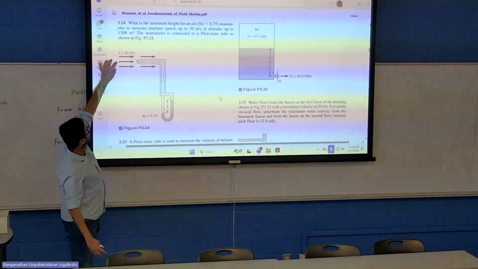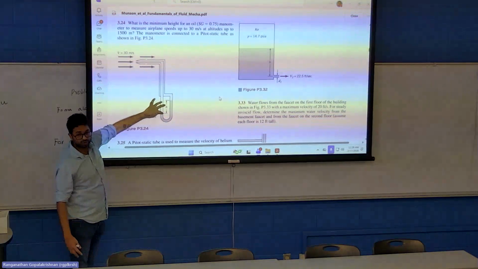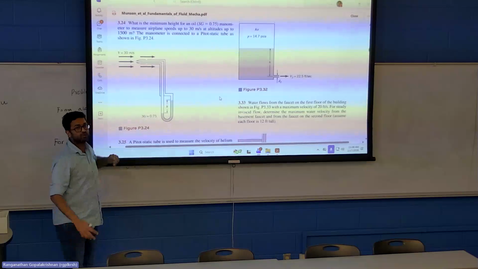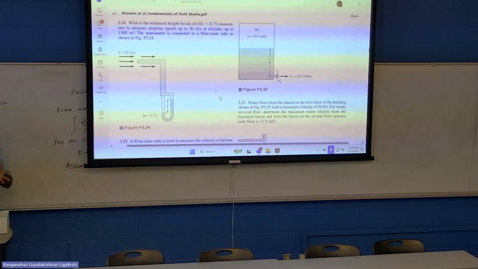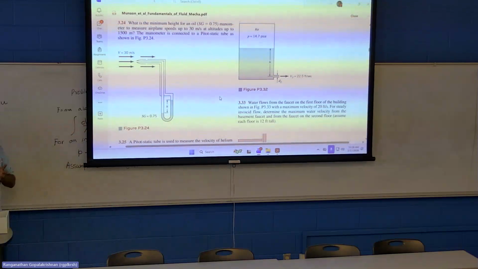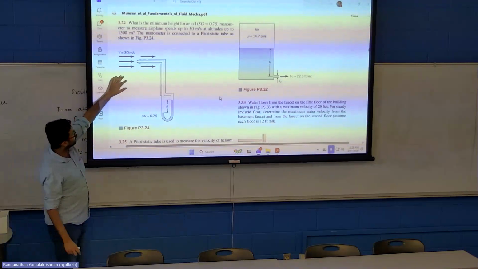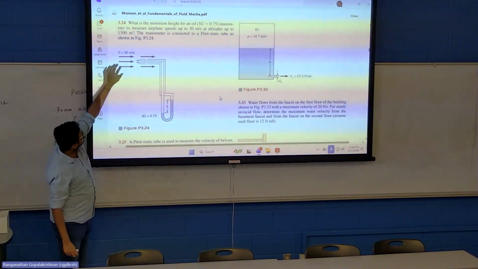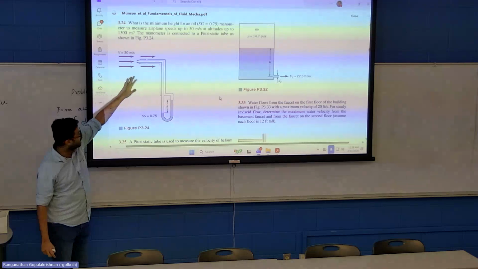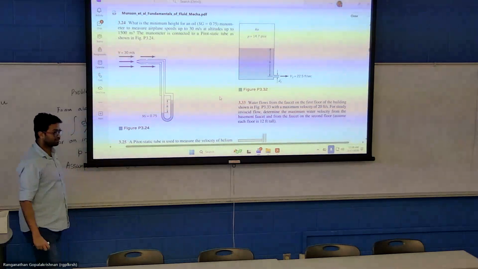So basically, you're going from velocity v to 0. We are going to sketch that out, mark some points, and apply the Bernoulli equation between 2 points. But what you want to copy from here is the sketch and the numbers so that we can get rid of this and I can write on the board.